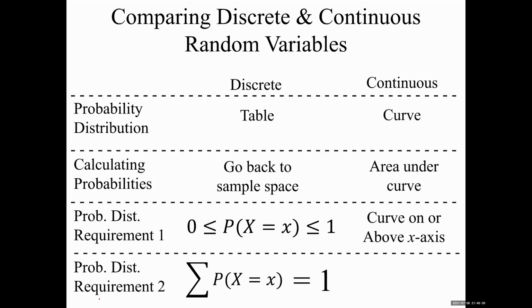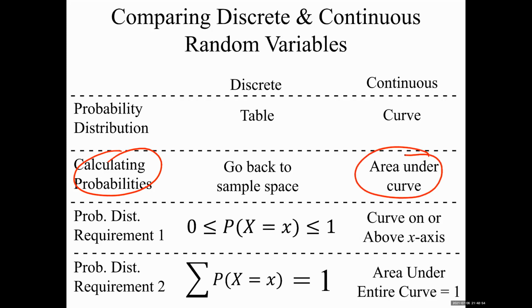The area under the curve will not get you credit. Area under the curve equals 1 will not give you credit. The area under the entire curve equals 1. Area under the entire curve, or area under the whole curve, something like that, has to be 1. Make sure that's clear, because again, every probability is an area. But which one has to be 1? The area under the entire curve has to equal 1.